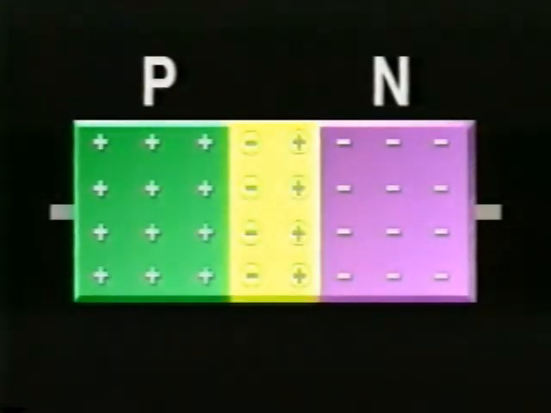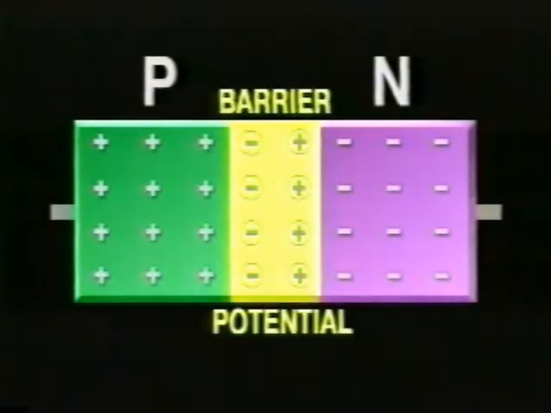As the depletion region grows, a difference of voltage potential builds up, creating an electrical field. This happens because there are positive ions on one side of the junction and negative ions on the other. The voltage associated with the depletion region is referred to as the barrier potential. Eventually, this electrical field becomes large enough to prevent further diffusion, and the depletion region stops growing.